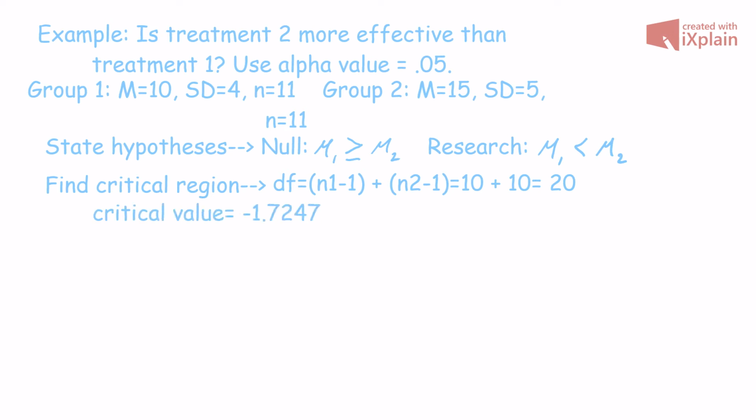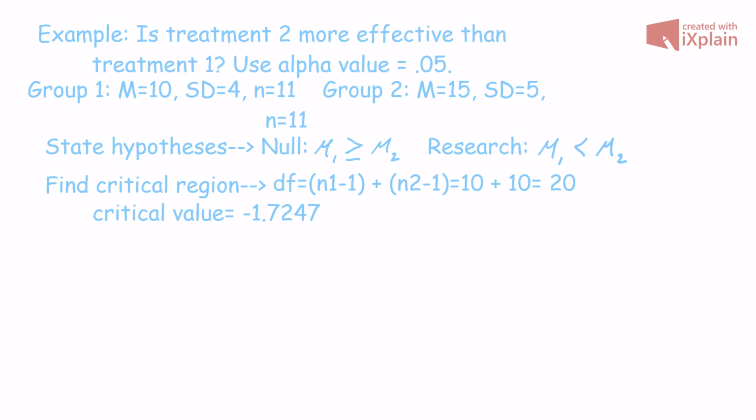And then we have to look up that degrees of freedom in the appropriate table in the back of the book. And we're going to find the critical value is 1.7247. And I know that this is going to be a negative critical value because the statistic always takes M1 minus M2.